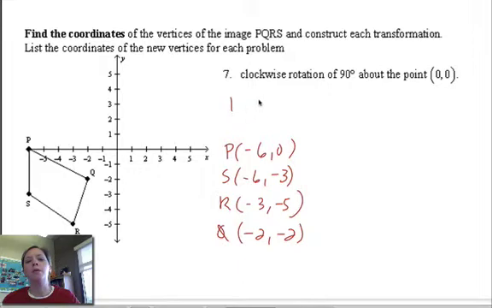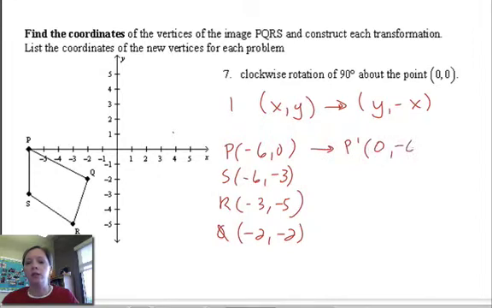So we got to remember a 90 degrees clockwise rotation is given to us by the rule x, y maps to y, negative x. So that means P prime is going to be at 0, positive 6, because we have to take the opposite of our x value.